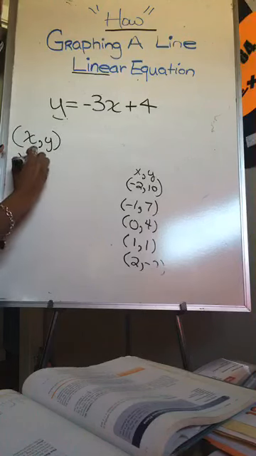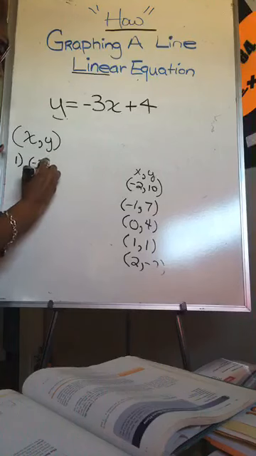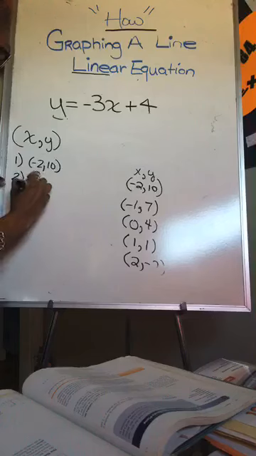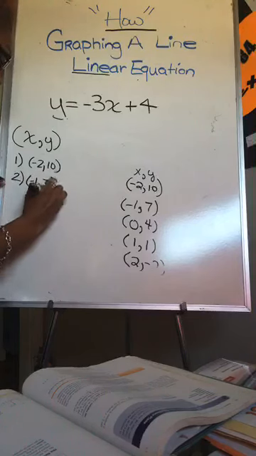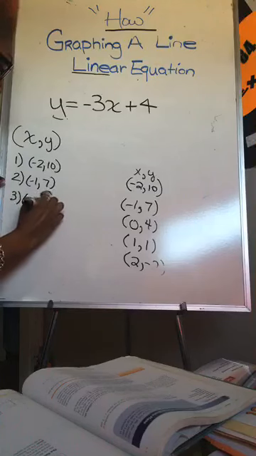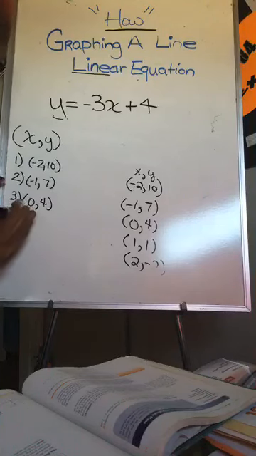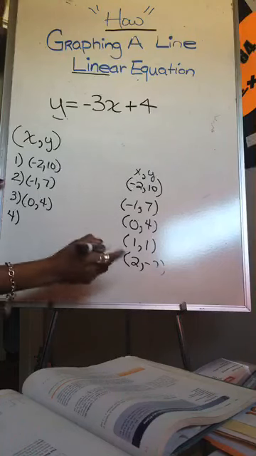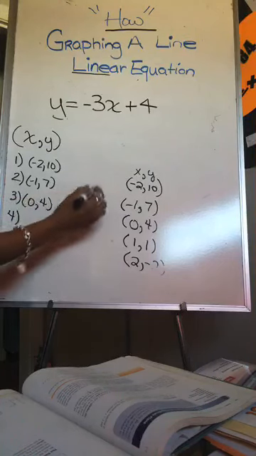Point 1 is (-2, 10). Point 2 is (-1, 7). Point 3 is (0, 4). And 1, 2, 3, 4... oh, we have 5 points. I'm sorry, I miscounted.